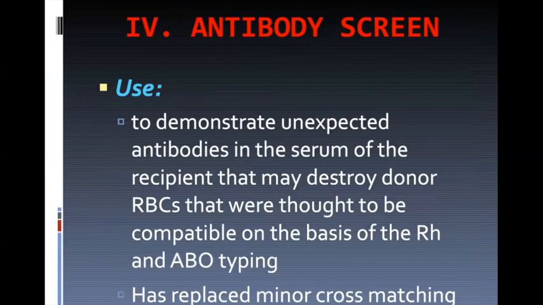Now for the fourth one, antibody screen. It can be used to demonstrate unexpected antibodies in the serum of the recipient that may destroy donor RBCs that were thought to be compatible on the basis of the RH and ABO typing. This has replaced manual cross-matching.